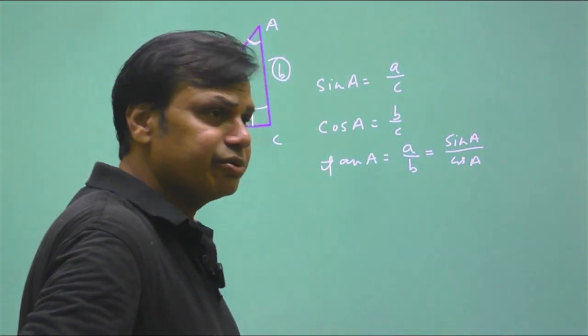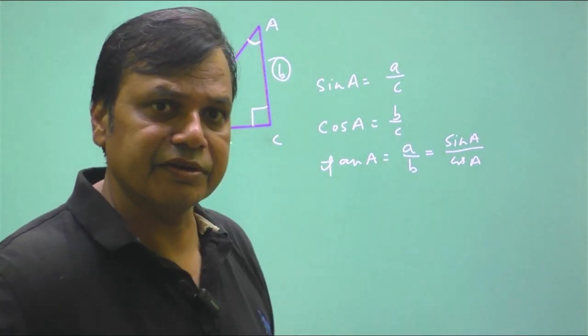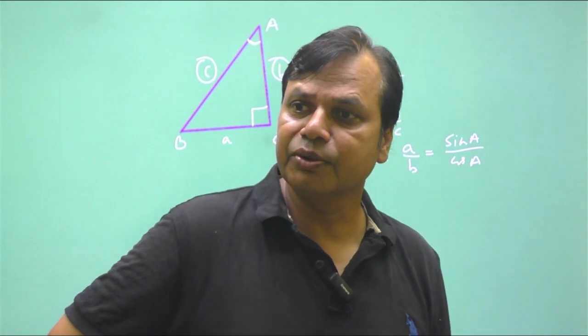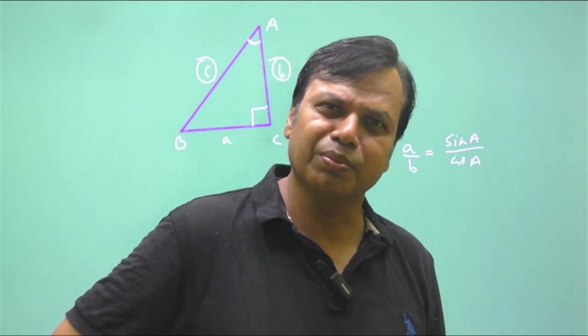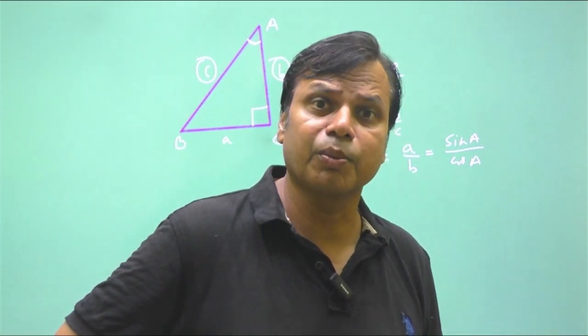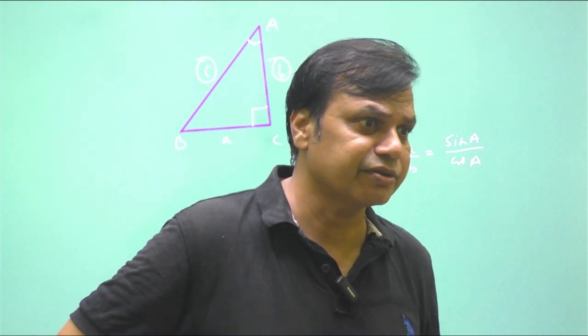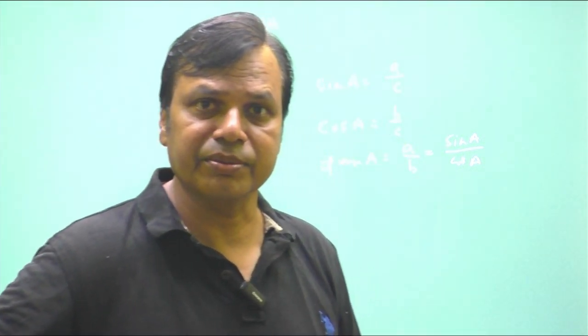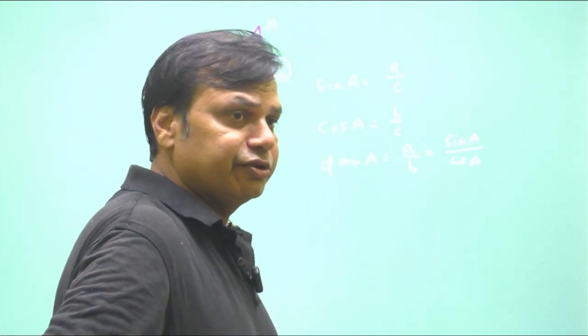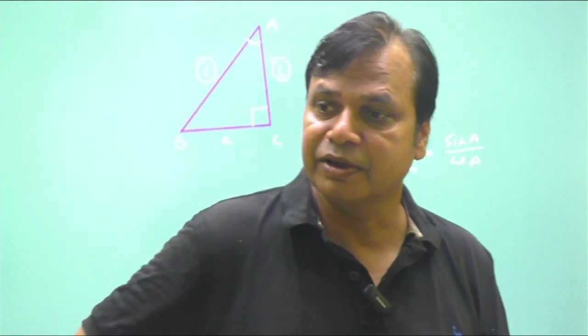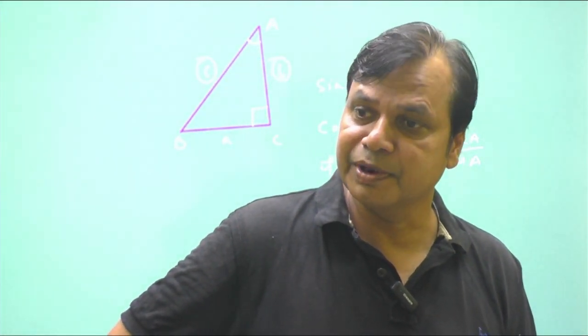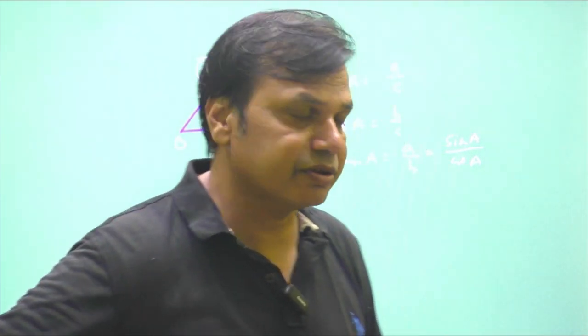And since we are talking about right angle triangles, I wanted to use one very popular property of right angle triangles, that comes from Pythagoras theorem. And that is base square plus perpendicular square equals hypotenuse square.